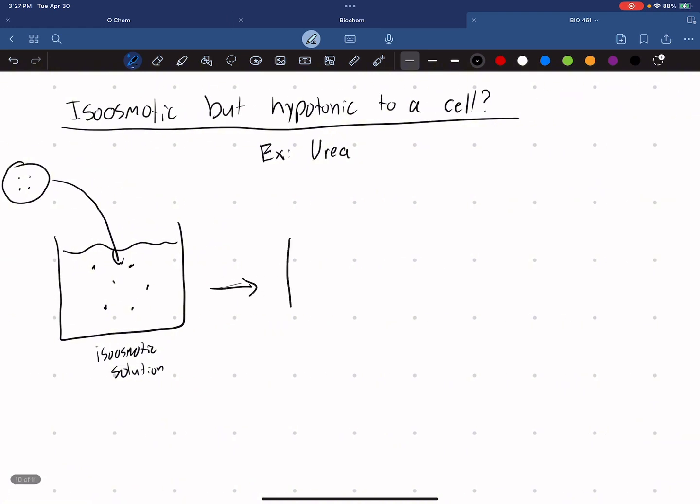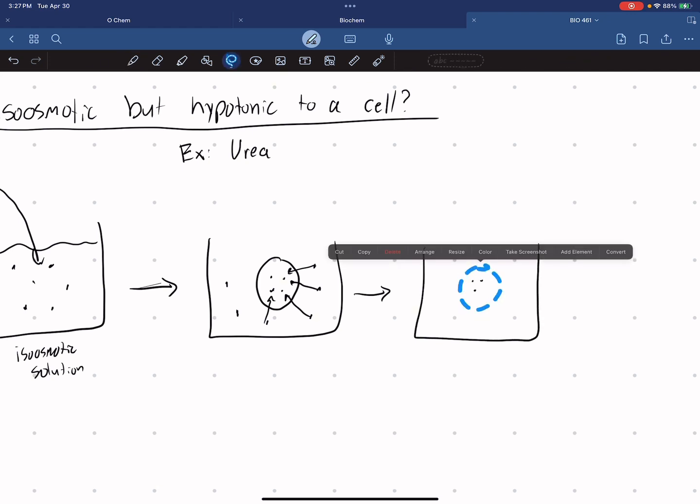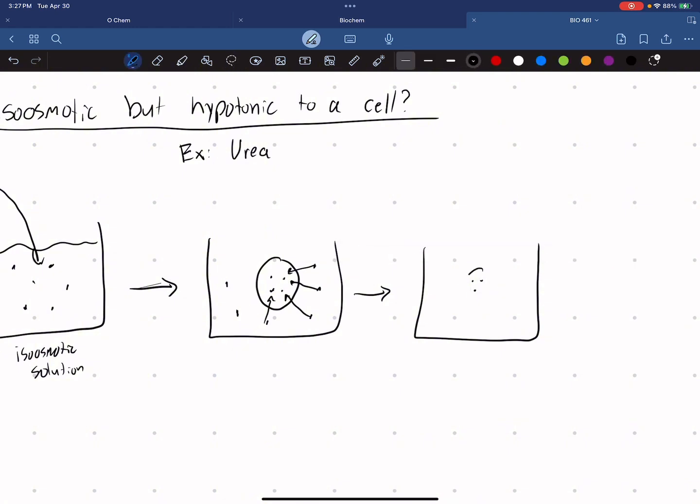So once we have this cell in the solution here, these particles of urea will go down their concentration gradient from high to low and enter into the cell. And once they enter into this cell, we will start to have a higher concentration of urea compared to outside.